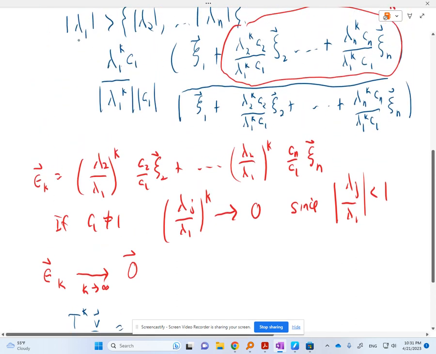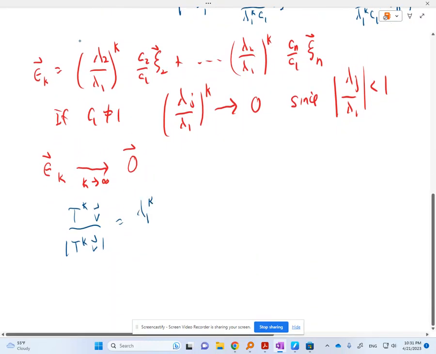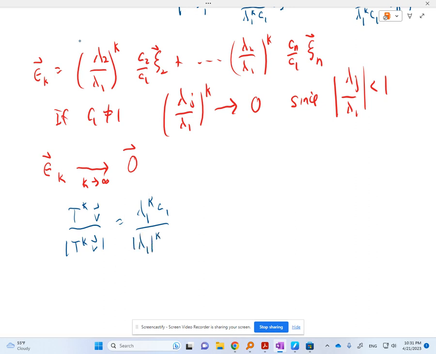Let me go back up and see what the first term was. The first term was lambda 1 to the k c1, I'm just copying what I have there, over the absolute value of lambda 1 to the k times the absolute value of c1. And then here I have this vector zeta 1. And then I have plus epsilon k.